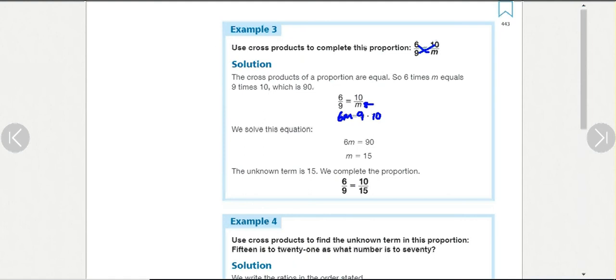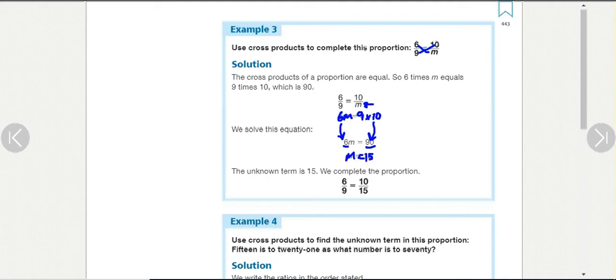We mark with a letter m to look like algebra, fancy. So 90 on the right and 6m on the left. How do we find a missing factor? We divide the product by the other factor. So m is 90 divided by 6.